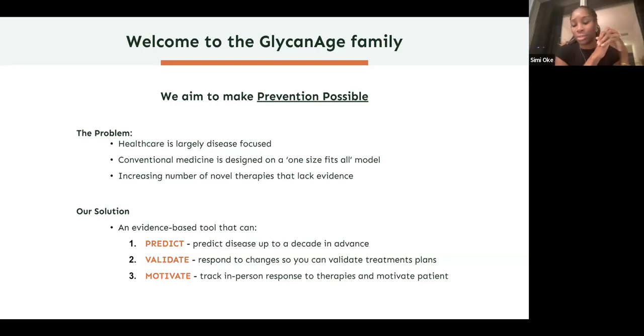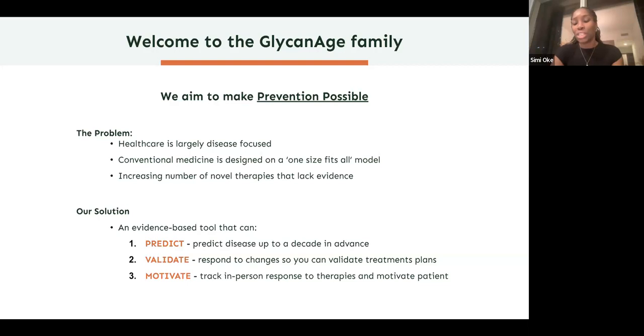Conventional medicine is designed around a one-size-fits-all model, basically meaning that everyone typically has the same treatment. And there's an increasing number of novel therapies that sometimes lack evidence. So how do we as practitioners make sure that we are using objective measures to make sure our patients, or our clients, are best looked after?